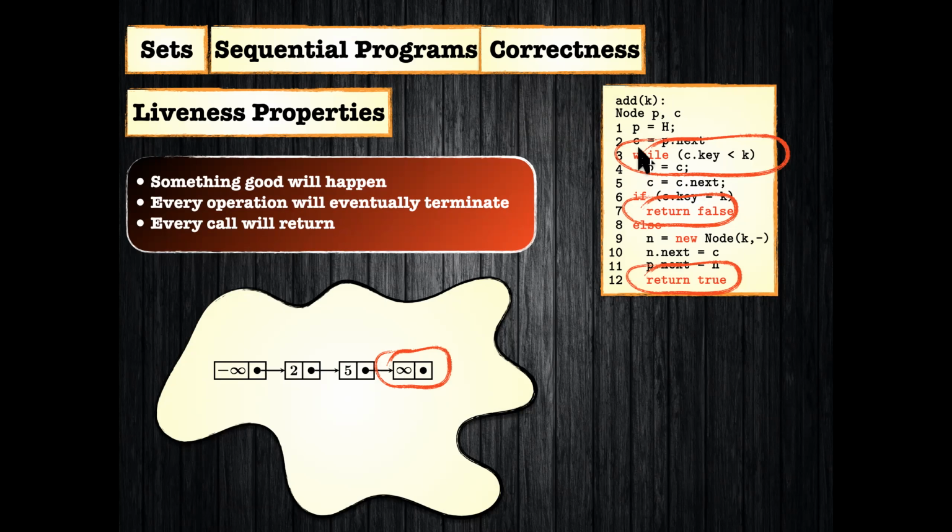The worst thing that you can do is traverse the whole list, but you always terminate the while loop, because in the worst case you will reach the rightmost sentinel node, and you return an answer which is either true or false, because either the if statement holds here or the else statement will be executed and you return a value. So each call will return.